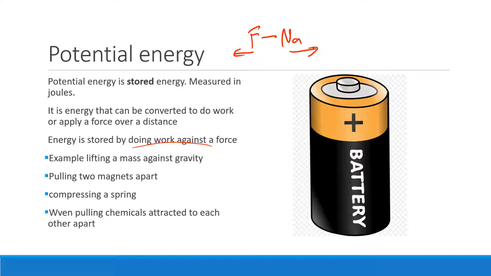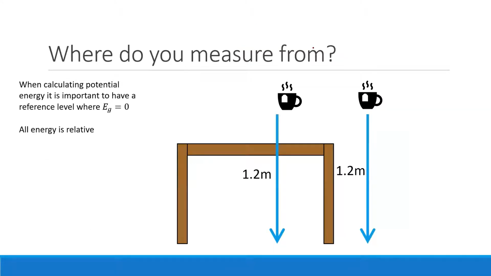It's not a chemistry subject, but hopefully that gives you an idea, if you're studying 11 chemistry, because I know some of you are, if you're looking at redox equations, of why there is energy involved at all, because those want to come back together and you're creating potential energy. Everything has potential energy, but it depends on where you're measuring it from.